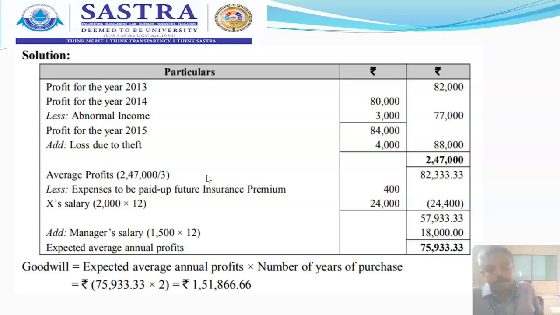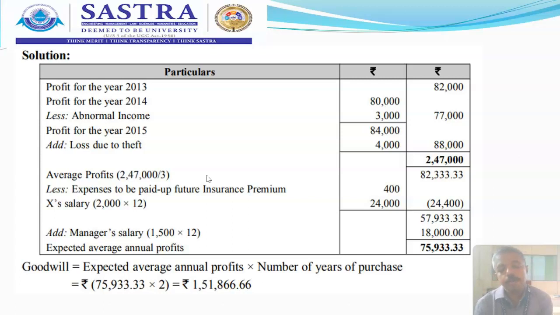So it comes around rupees 18,000. By adding that to 57,933, we will get rupees 75,933. Now this is the expected average annual profit.